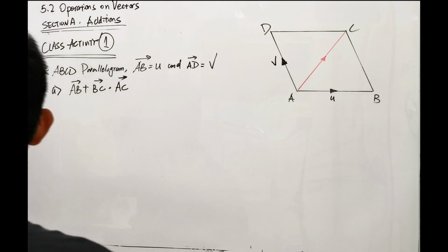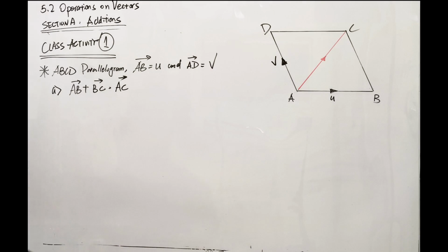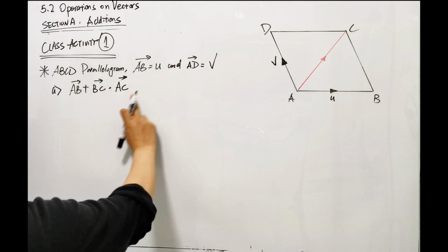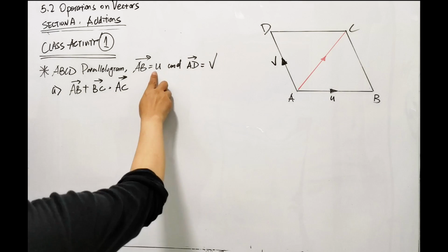Afterwards, how do we express AB plus BC using u and v?